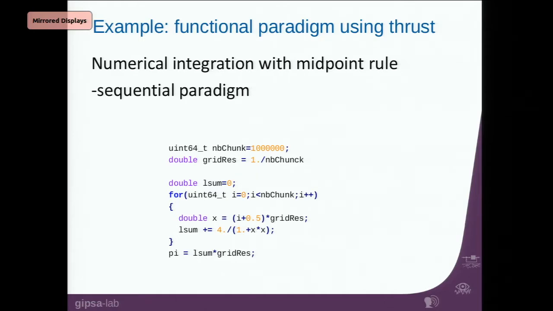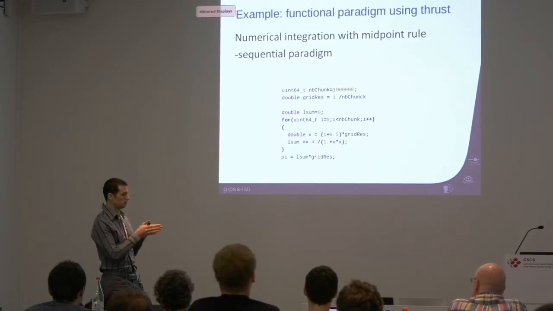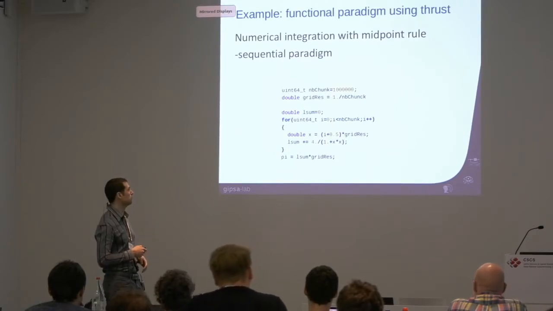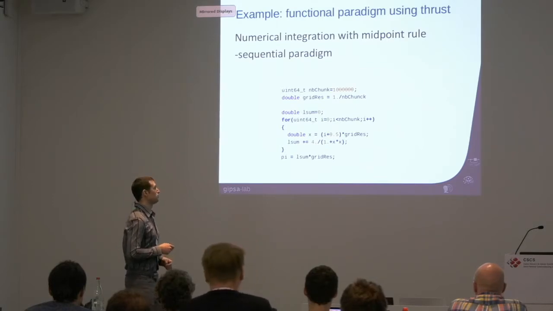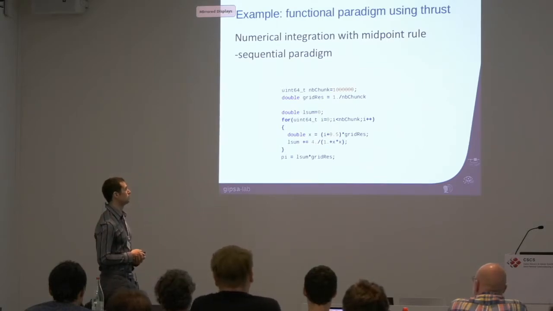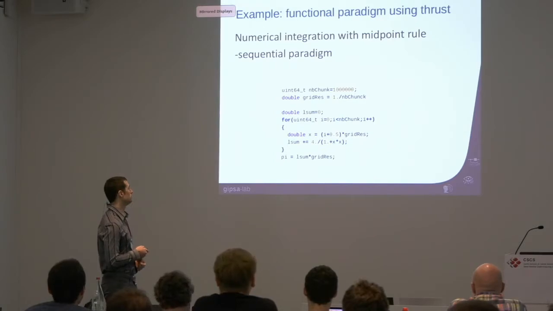One very simple way to do that is to use a for loop and divide the integral into small chunks. Here are 1 billion small chunks, and do a simple loop. Okay, this is a way to write the integration. But thanks to thrust, you can have a more functional view of this loop.